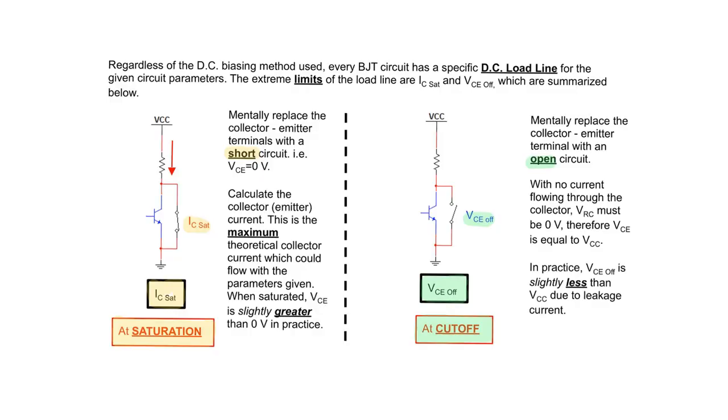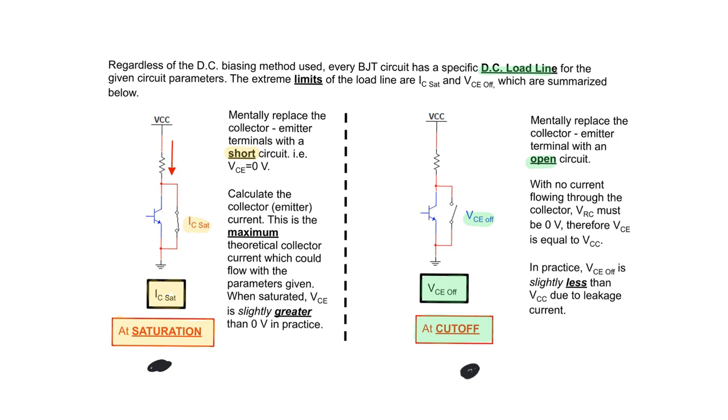Okay, so once again, if you consider the DC load line, which we've looked at previously, then the upper and lower ends of that load line are called saturation, IC sat, and the lower end is cutoff, or VCE off.